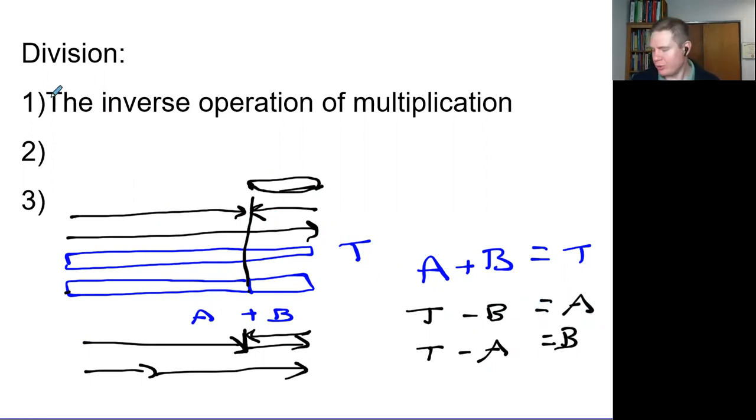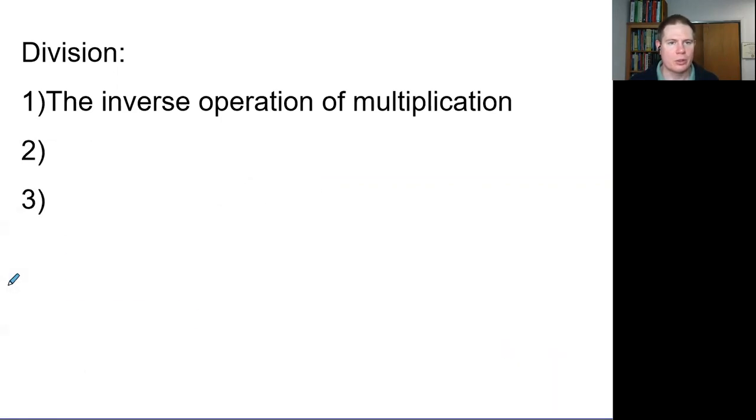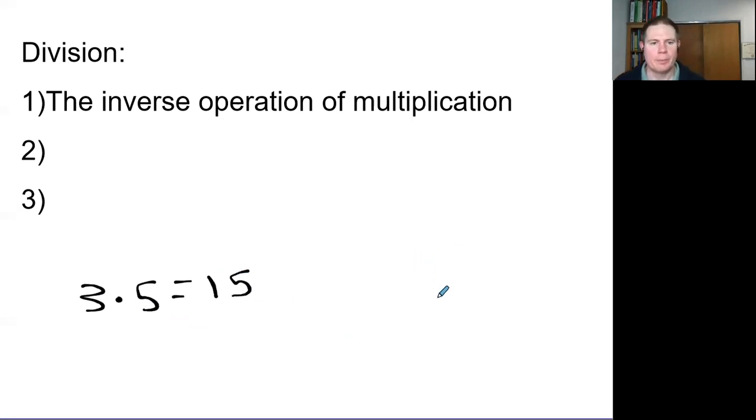Division is going to work exactly the same way. So let's get a new page here and get rid of this ink. All right. So let's think of a multiplication problem. Instead of addition, let's say 3 times 5. Well, if division is the inverse of multiplication, that's saying 15, that output value, just like T, that product.